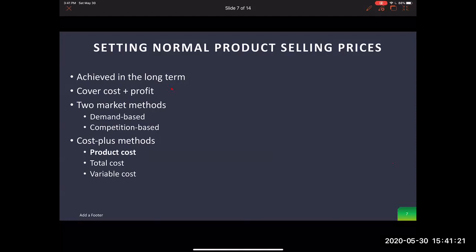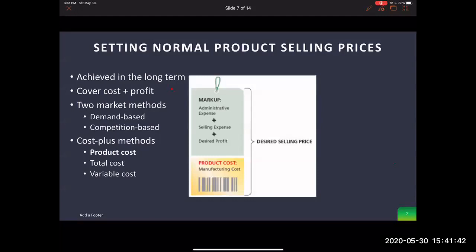A markup is basically saying, not only do I need to consider the cost of this product, but I'm going to mark it up to make sure I cover salaries, administration expenses, and delivery expenses, and I want to make some kind of profit for my business as well. And then you have the total cost and variable cost as well. So this is a really good example of the markup approach, or the product cost approach.